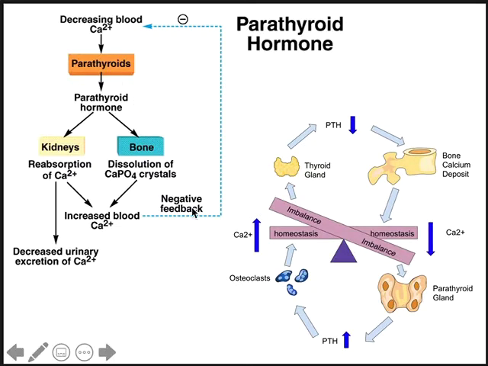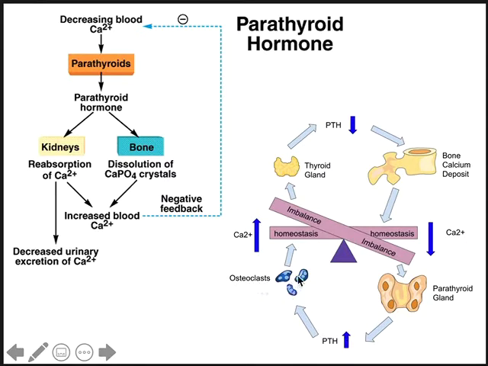Another way to look at that is about having an imbalance and trying to get your balance back. So why don't we start here? You have an imbalance, and that imbalance is detected by the parathyroid gland, and in response, it's going to release parathyroid hormone. So your amount of parathyroid hormone is going to increase.